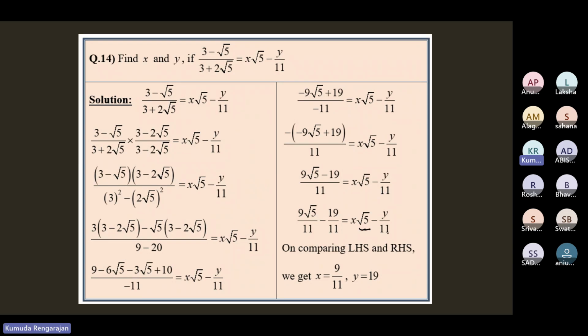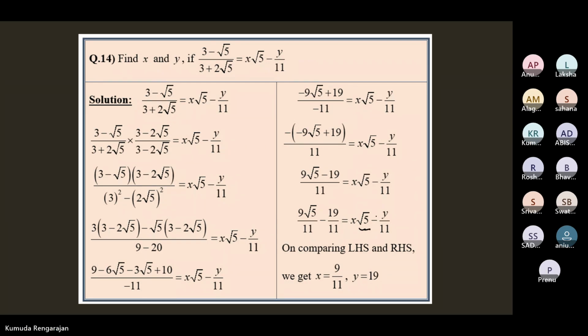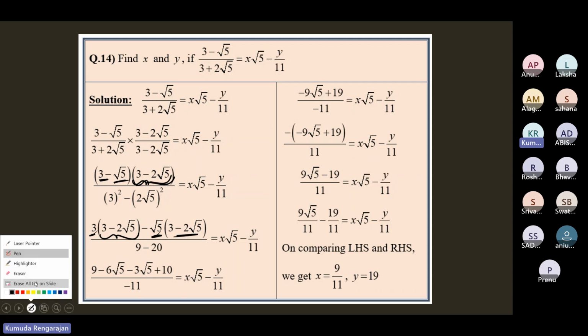So you might have not got similar things in the left hand side, because you have not multiplied this correctly. Possible that you did not multiply this correctly and hence you were not able to compare the LHS and RHS. So how do you multiply? First term 3 with the second bracket 3 minus 2 root 5. Second term minus root 5 with the second bracket 3 minus 2 root 5. So this multiplication is very important.